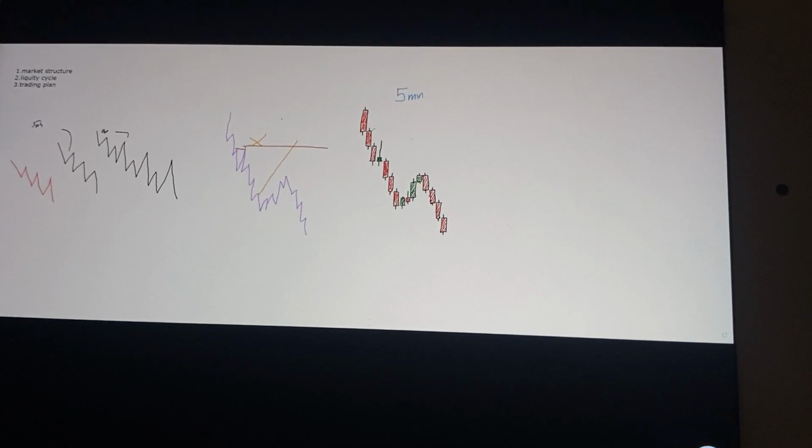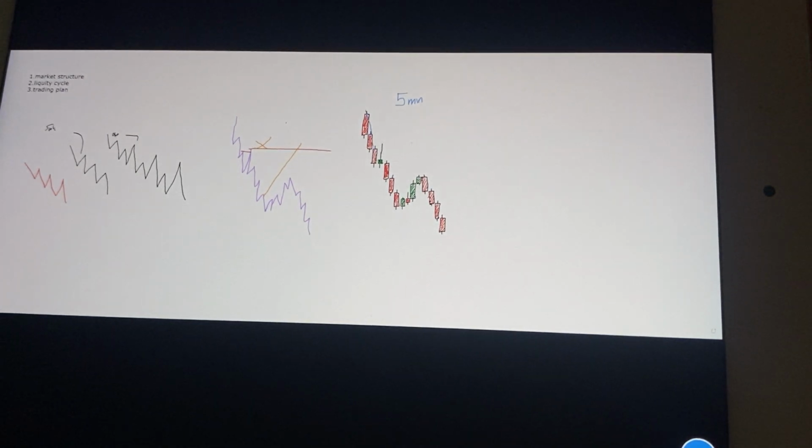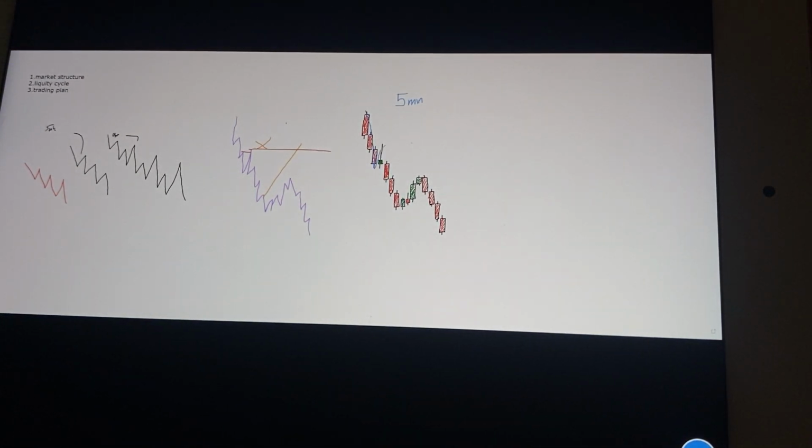By the time you look through this 5-minute time frame, what is this? A 5-minute push. It is clear to your eyes. What is this? A 5-minute push, right? And finally, a 5-minute push.